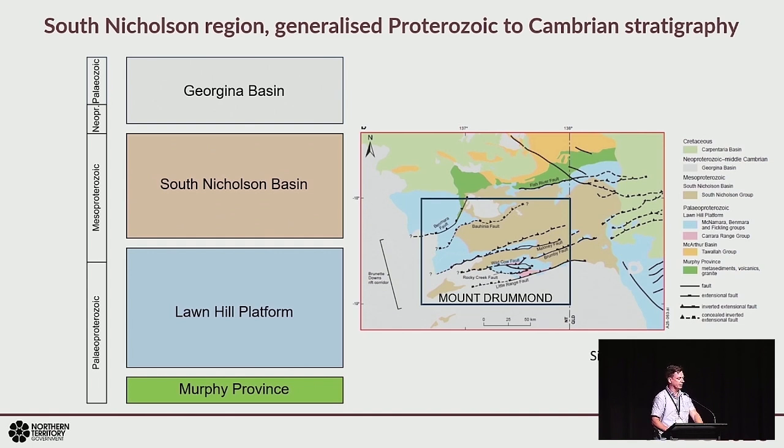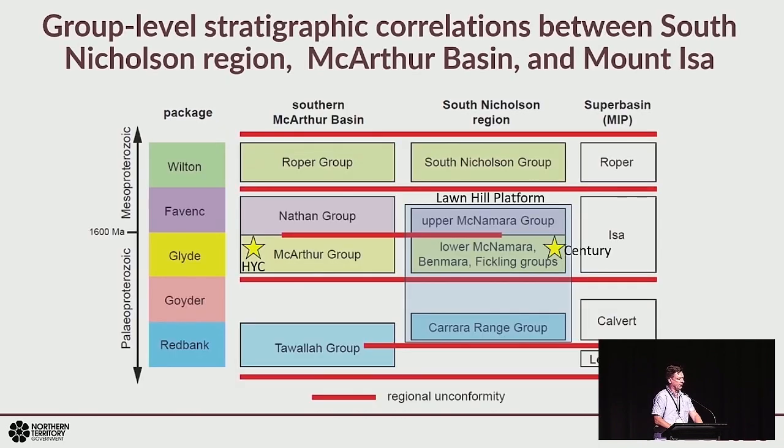All right, so the stratigraphy of this region has different names in different places. So the names that I just went through are the names that are shown on here for the South Nicholson region. So essentially the South Nicholson group underlain by the Lawn Hill platform. And the Lawn Hill platform itself is divided into different groups.